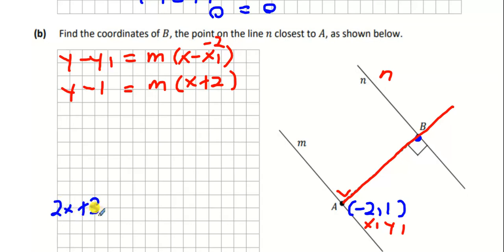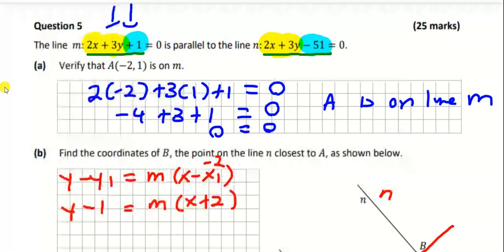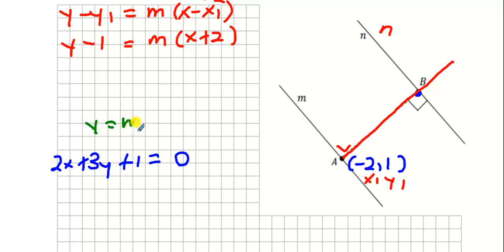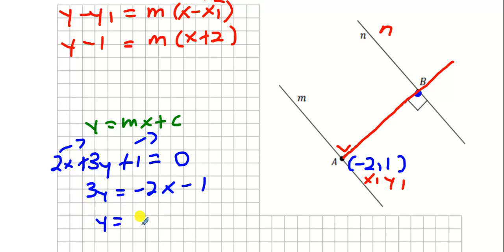It's perpendicular to both lines, because they're parallel and have the same slope as each other. I'm going to use the formula y equals mx plus c. When I isolate y on its own, I'm going to get 3y equals minus 2x minus 1, and I'm going to divide both sides by 3.